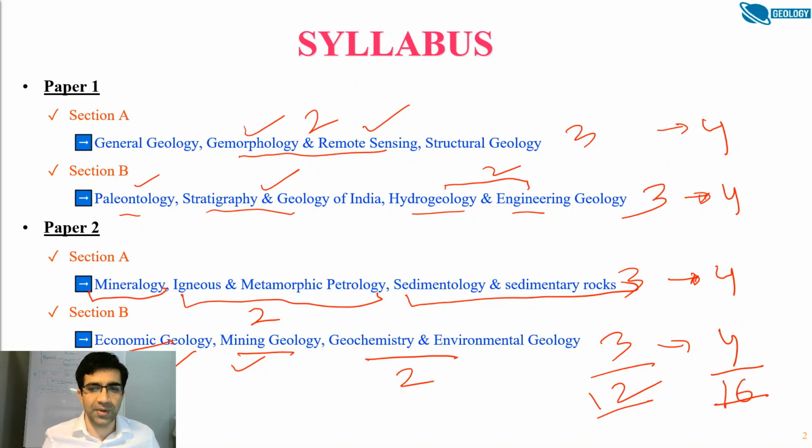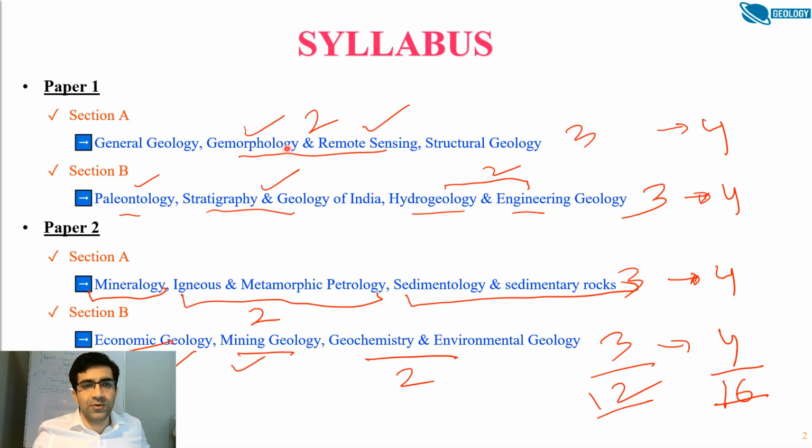But you need to be aware of this division, in the sense of how many subjects you have in each section. For example, general geology, geomorphology and structural geology are the three subjects in that section. This three-subject division matters because this is how you will prepare for your paper, and this is also how the question paper will be set up.